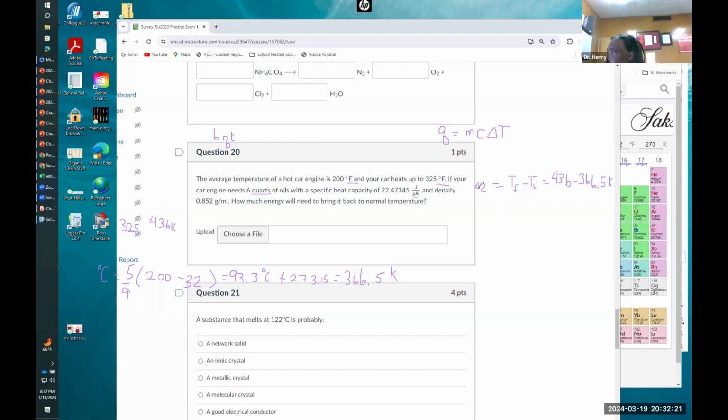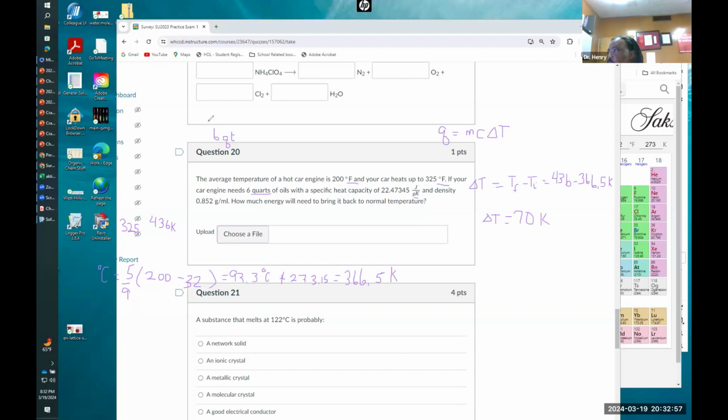So then delta T is 70. Well, if you round it, 70. If not, it's 69.5. So approximately 70 degrees Celsius, Kelvin. Okay. And then our specific heat capacity, we already have.